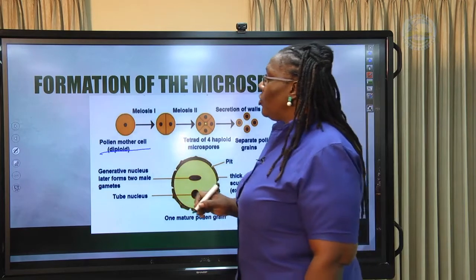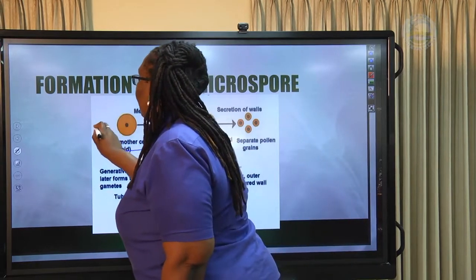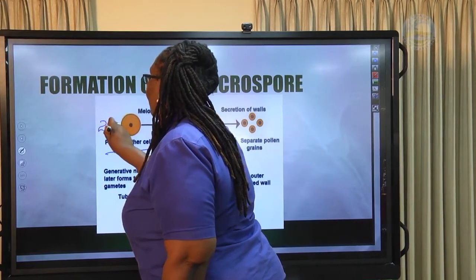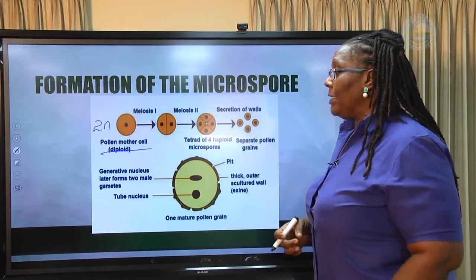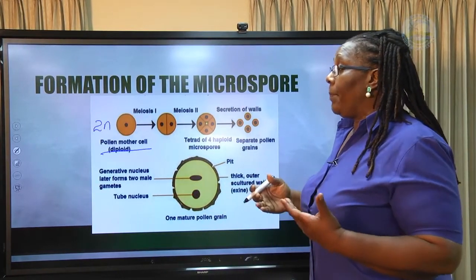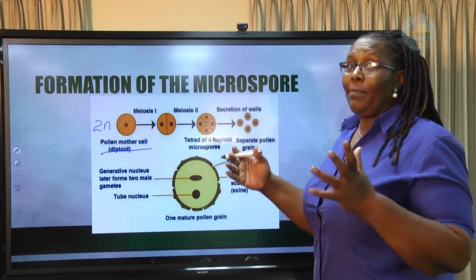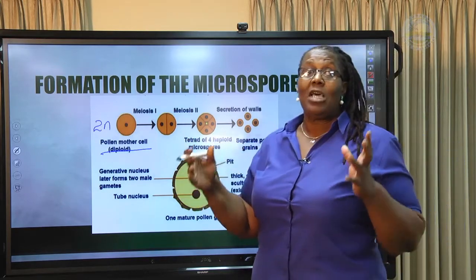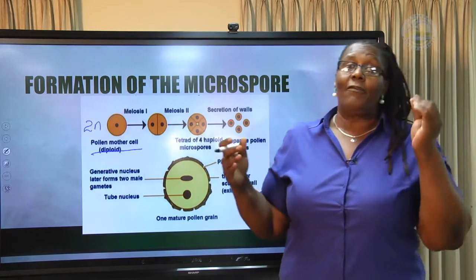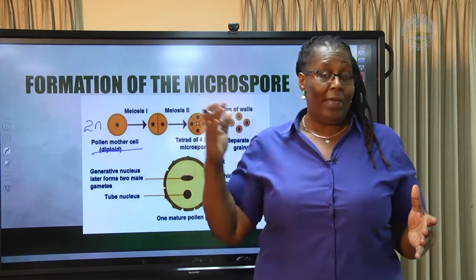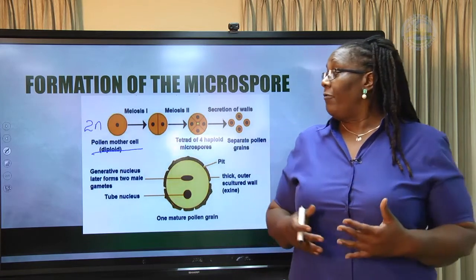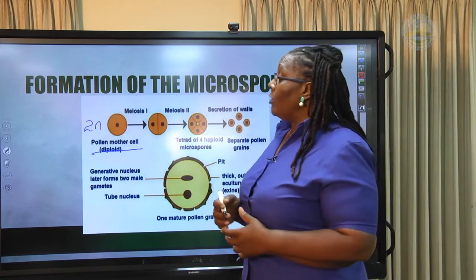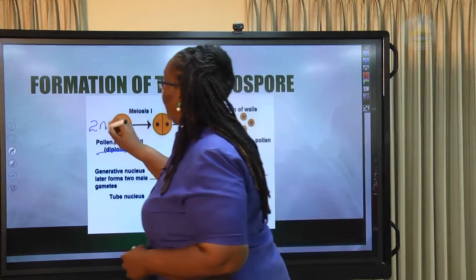This cell, as you would recall, is diploid, so it's 2N, because all of the cells of the plant initially would have been diploid. Diploid means they had 2 sets of chromosomes, one set coming from the male parent and another set coming from the female parent. So every cell has 2N chromosomes.